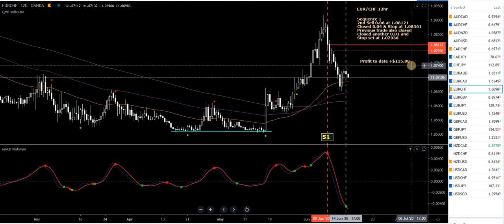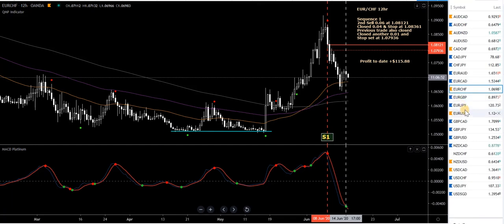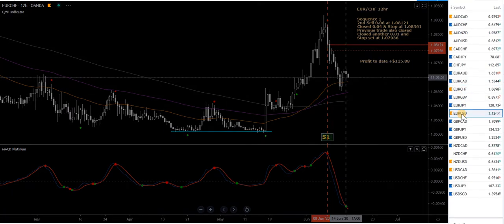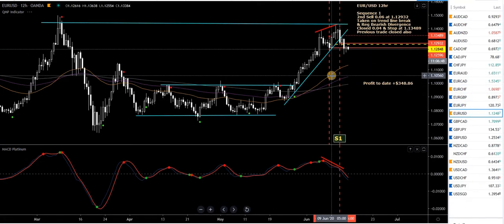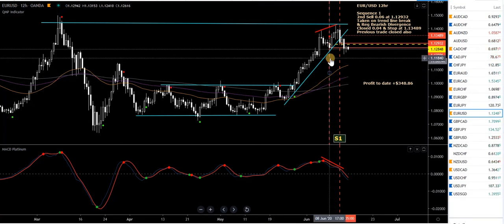That's not too bad considering I'm basing it on a 0.02 lot, which is roughly 20 cents a pip, give or take. So I moved my stop down and took a bit more profit. Euro USD. All right, I was in a sell trade here.